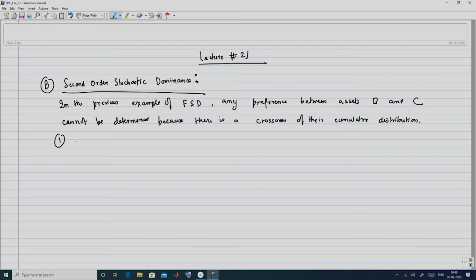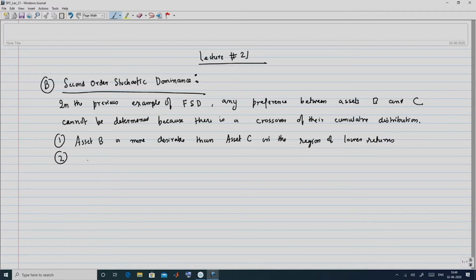So, just to be a little more elaborate, we observe that in that example asset B is more desirable than asset C in the region of lower values of R or lower returns.